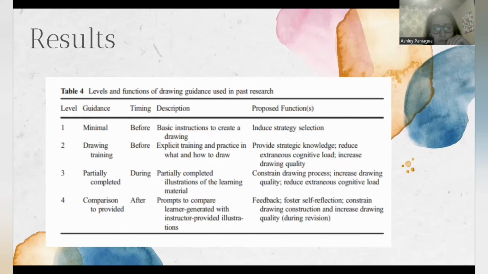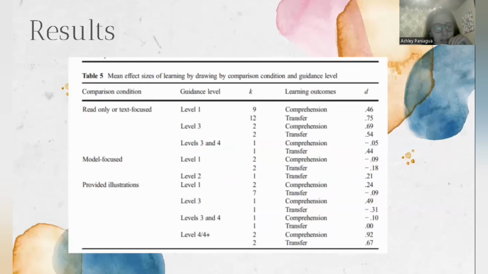In the next table, Table 5, they focus on the main effect sizes of learning by drawing by comparison conditions and guidance level. In this case, they also focus on the four different levels and how the learning outcomes went.